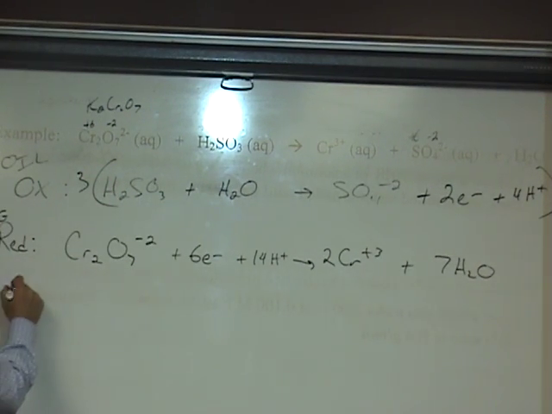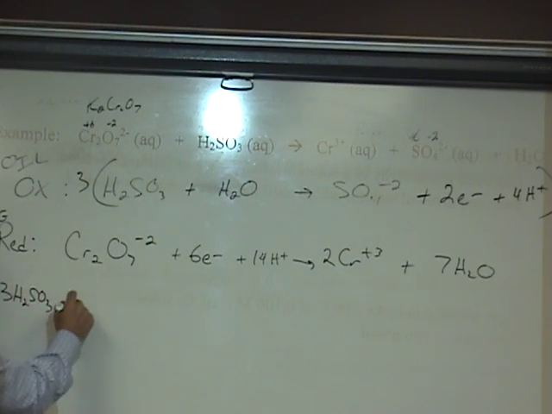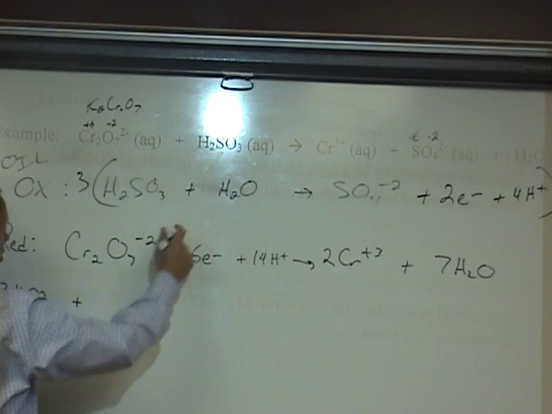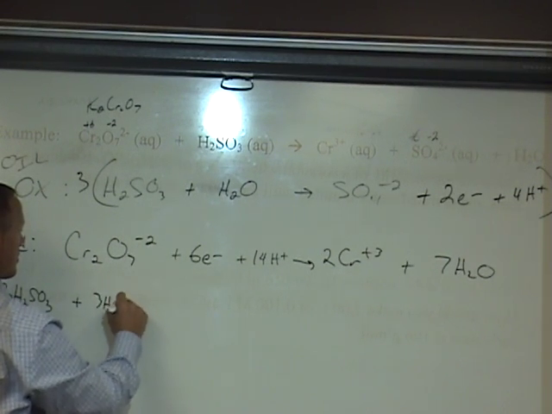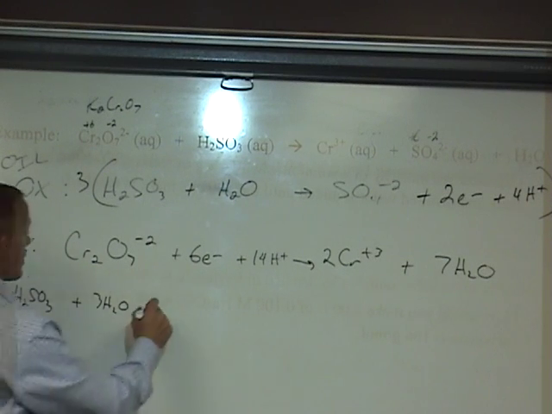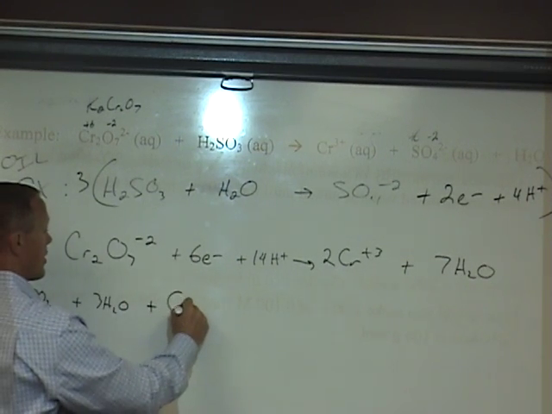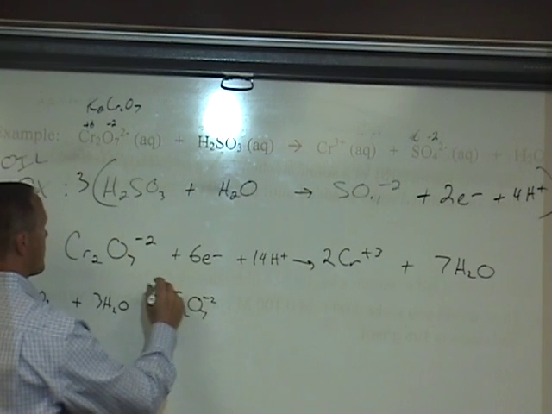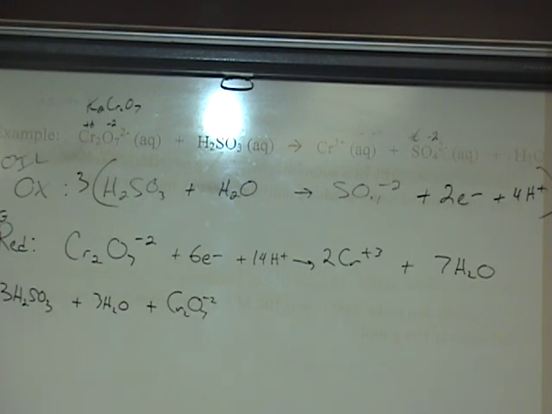So if I write out the whole thing, it's going to be 3 H2SO3 plus 3 waters plus a dichromate ion plus 6 electrons. We know our electrons are going to cancel, so just leave those out.